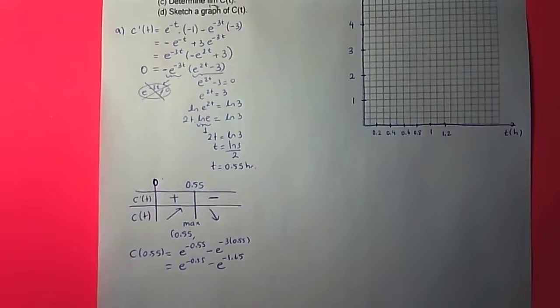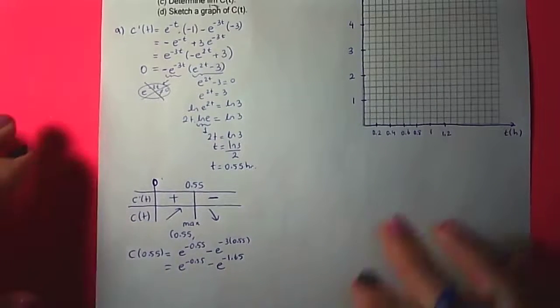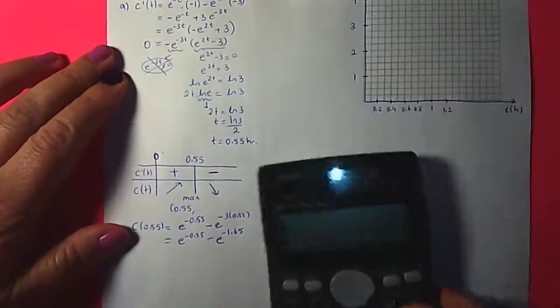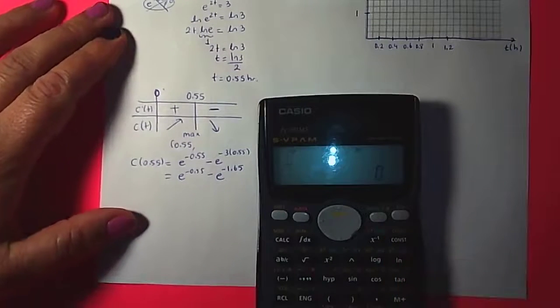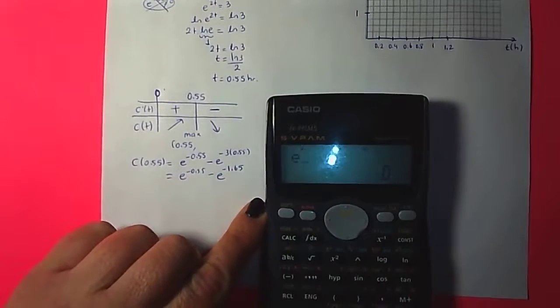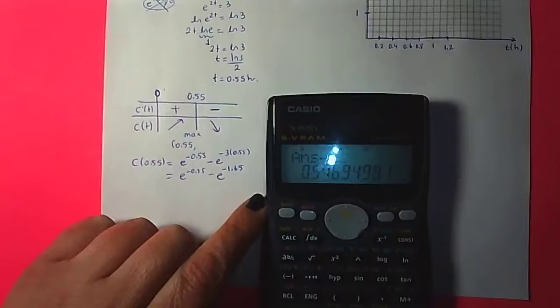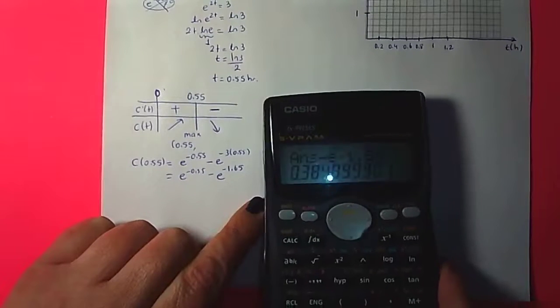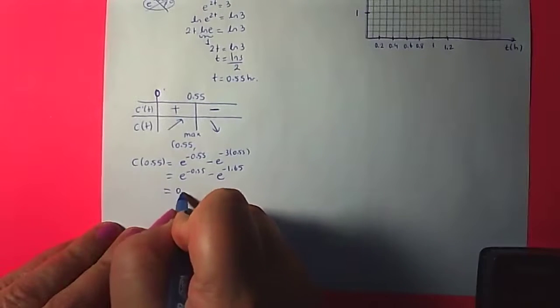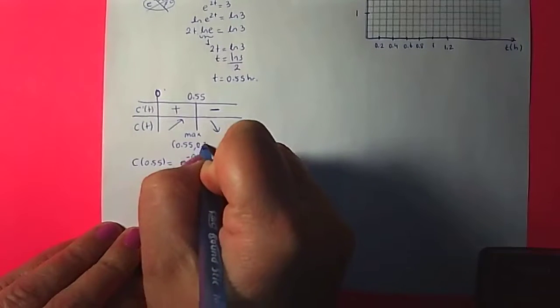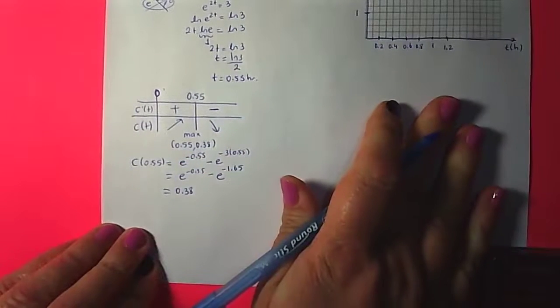Okay, so now we can use our calculator to calculate this value. So this gives us 0.38. 0.38 then is the maximum concentration.